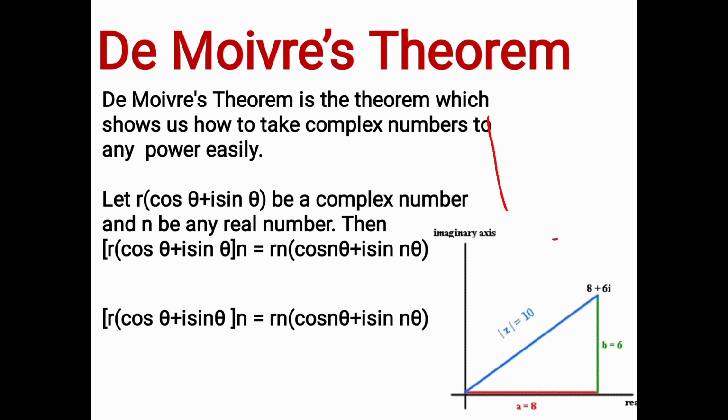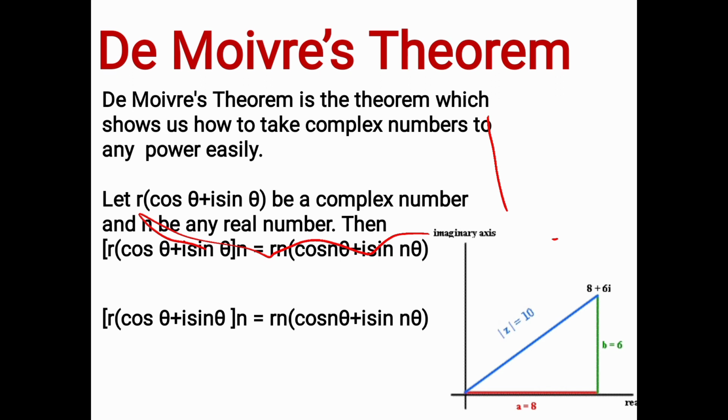So a complex number in polar form to the power n equals r to the power n bracket cos n theta plus i sin n theta.